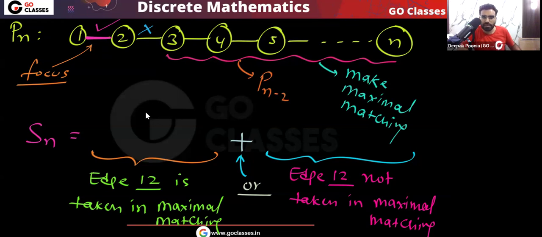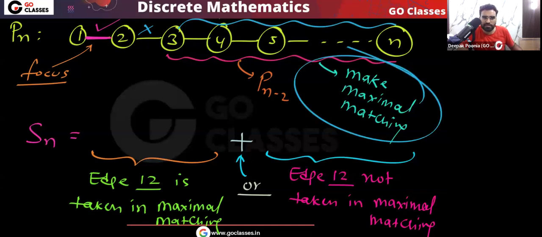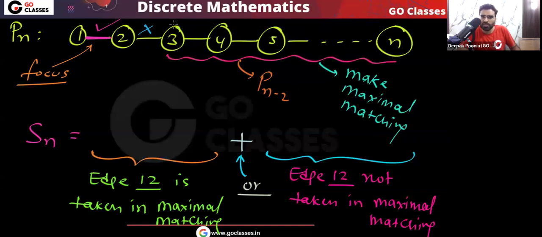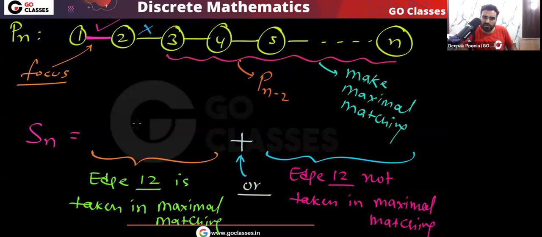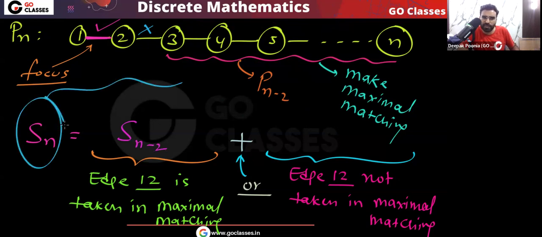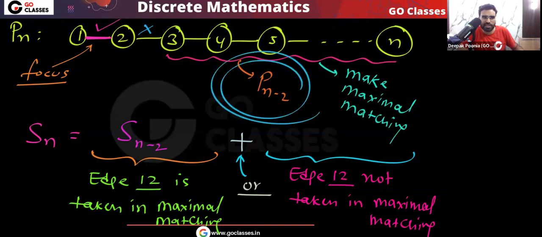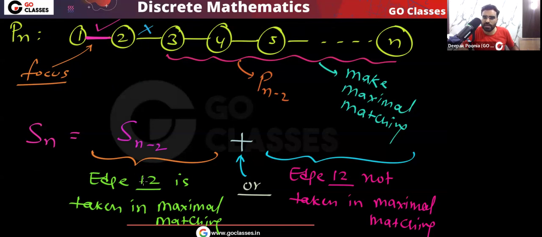So very simple, in this remaining graph, how many maximal matchings will be there? That is what we need to count. How many maximal matchings will be there? That is Sn minus 2. Because what is Sn? This is the number of maximal matchings in Pn. So the number of maximal matchings in Pn minus 2, that will be Sn minus 2. I hope you understood this so far.